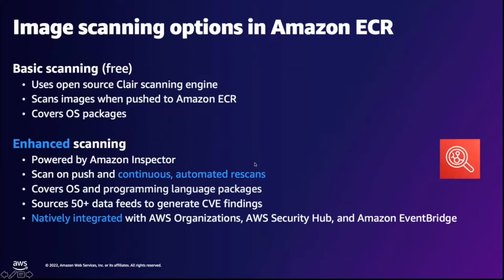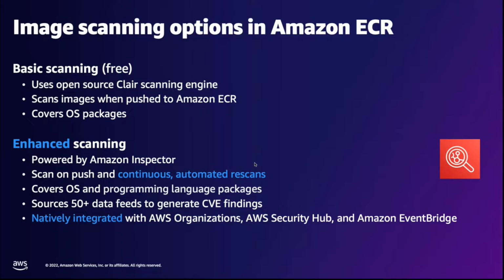For example, as I just mentioned, there is the basic scanning out of the box, which is free. We use the Clair open source engine. And also there is enhanced scanning, which is powered by Amazon Inspector, where you can scan on push and have continuous automated rescans.